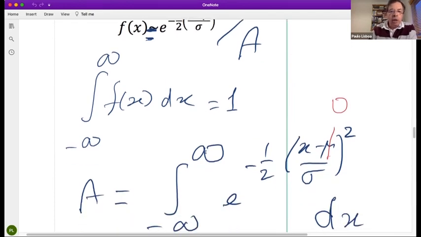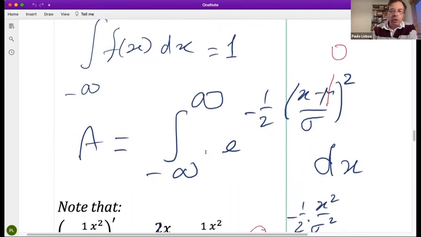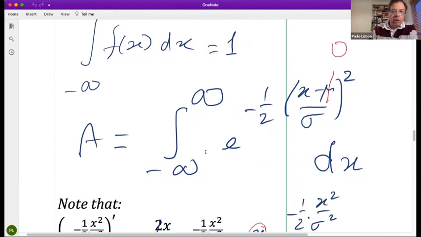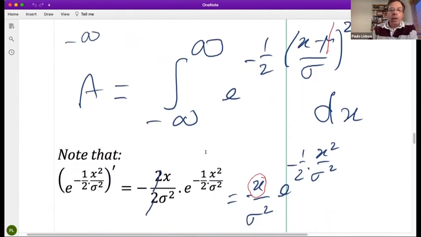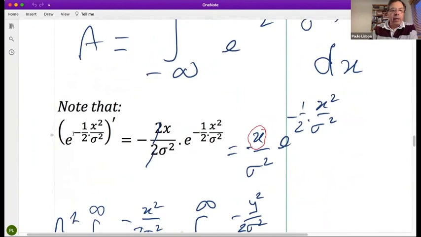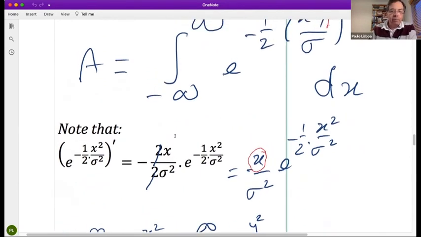So to do that, you need to calculate this impossible integral, where you can set mu to 0 as you wish. But you realize that when you want to integrate an exponential, you have the problem that the derivative of an exponential with x squared in it is going to require a value of x multiplying the exponential. And we haven't got that value of x in the integral above.